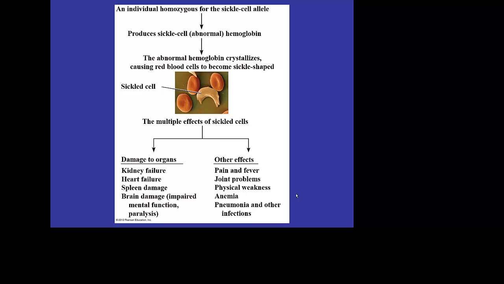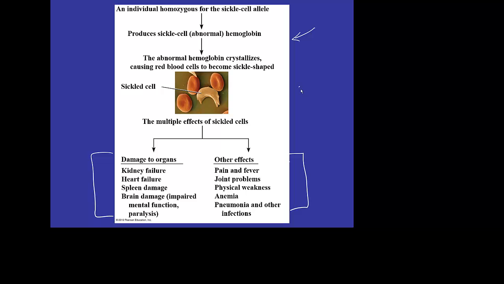Okay, here's your sickle cell, so you can see it in the middle. It produces this abnormal hemoglobin protein, and we end up with abnormal cell shapes, and as we mentioned before, it can have all kinds of issues associated with organ damage. It can also lead to all sorts of other effects: susceptibility to pneumonia and infections, pain, joint problems, general weakness.